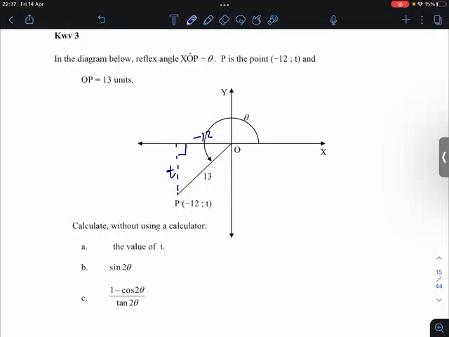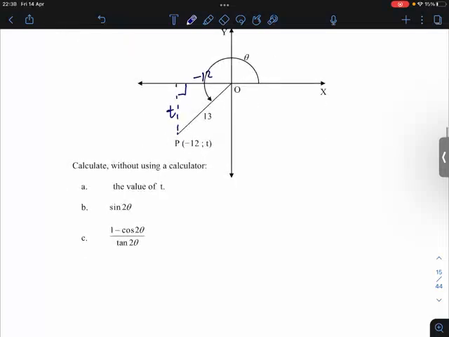But in the question given, you don't have sine 2 theta. So what are you going to do first? You want to expand this sine 2 theta.